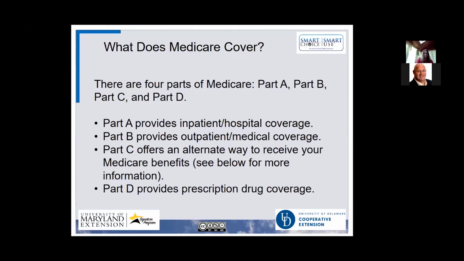Part D, conveniently, D for drug. So Part D is prescription drug coverage, and that is separate. Part D is only offered through private health plans, so you purchase these or sign up for these separately.